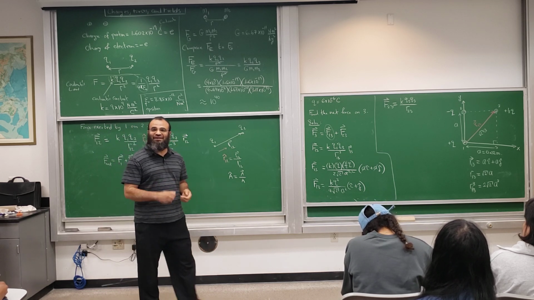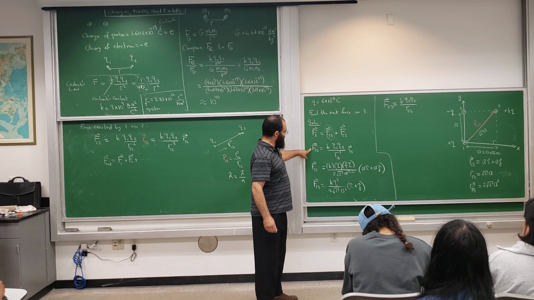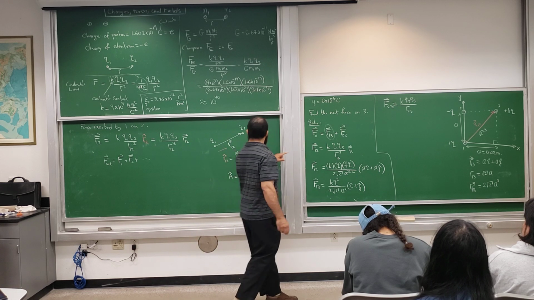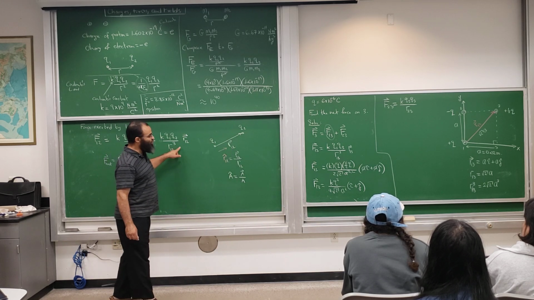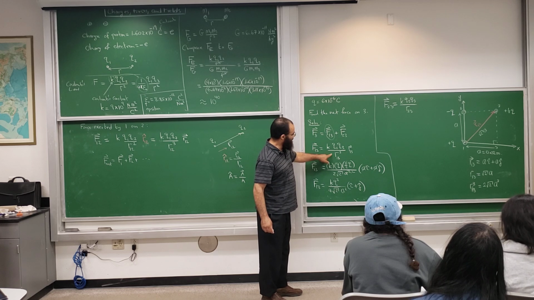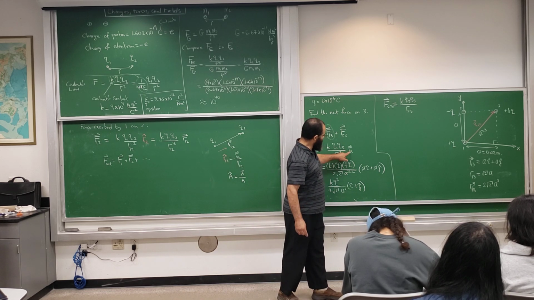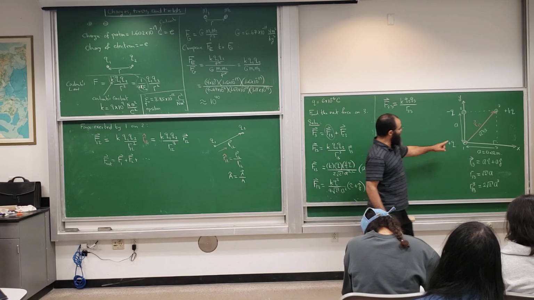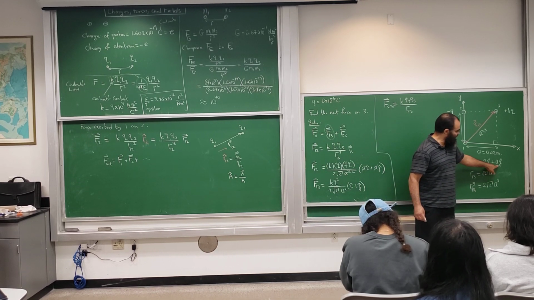On the first part, why did we use the R cubed? We can either use this or this, it's up to us. But it's more convenient in this case to use the R cubed. Why? Because R13 is the vector that points from 1 to 3, and that's an easy vector to write. It's A units to the right and A units up.